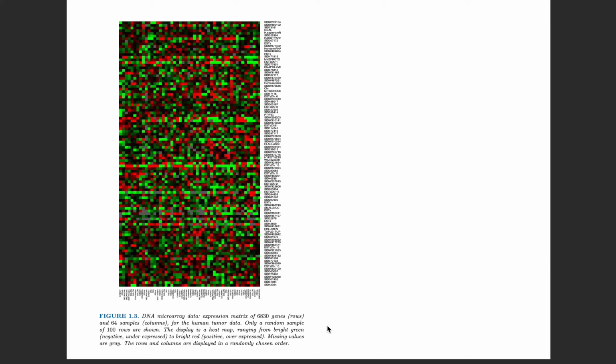This is what we typically call a heat map. It's a very useful way of presenting data. Green means negative, red means positive, and the samples are 64 cancer tumors from different patients. So there are many genes that we are measuring, but we do not have as many samples.